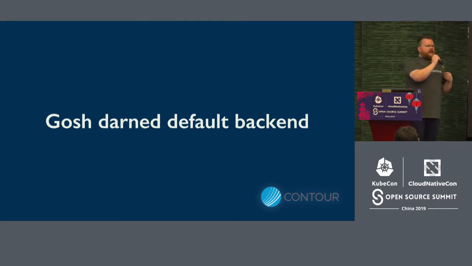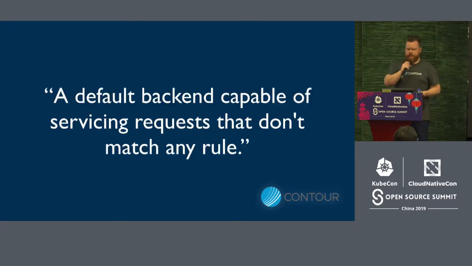So to take an example, let's talk about the default backend. This is what the specification says for the Ingress default backend. It's a default backend capable of servicing requests that don't match any rule. This is the sum total of the specification for the default backend.